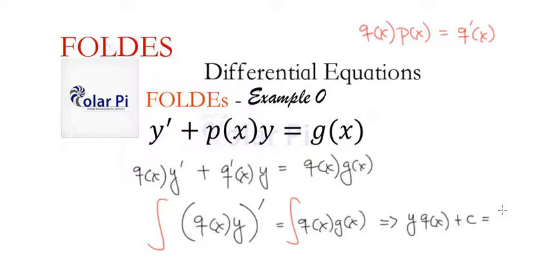And on the right side, let's write integral q of x times g of x, and dx, of course, but I didn't have space here, but you figured, right? Okay. All right, anyway, we're going to move forward from this.